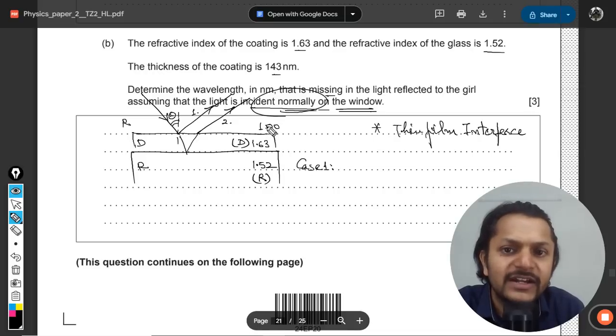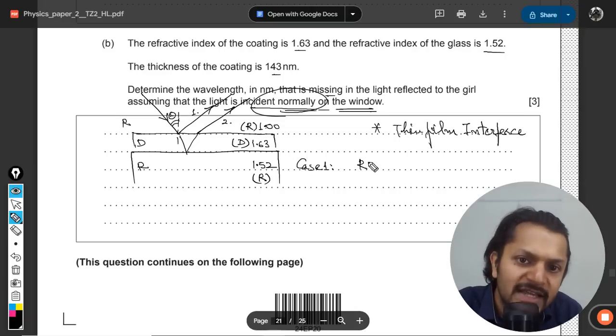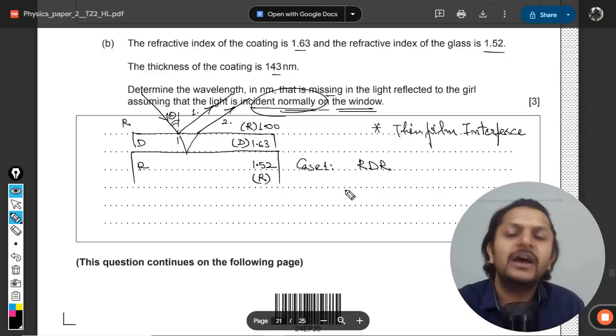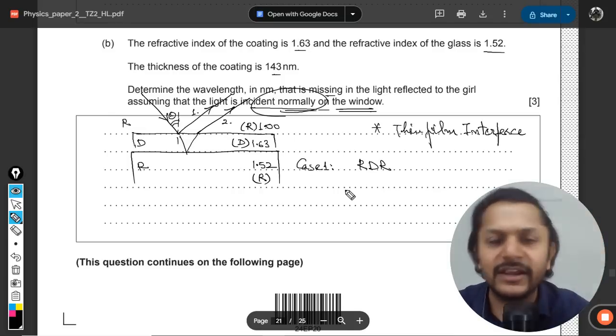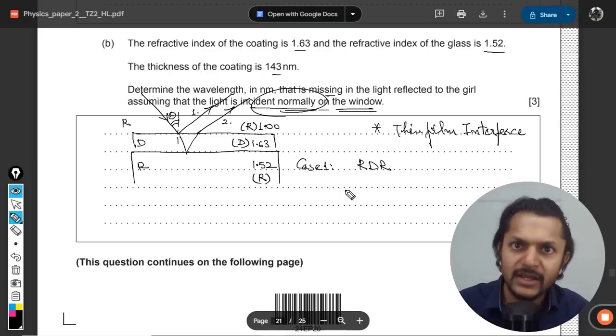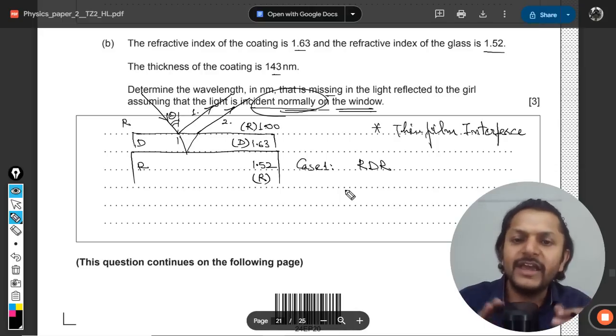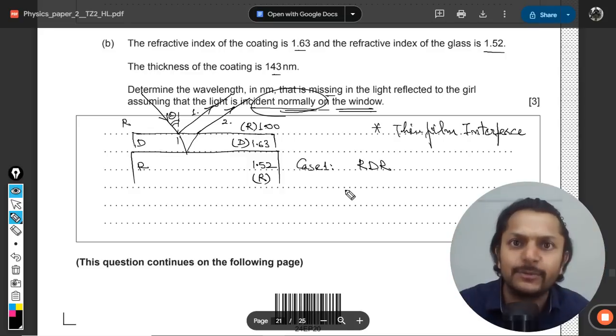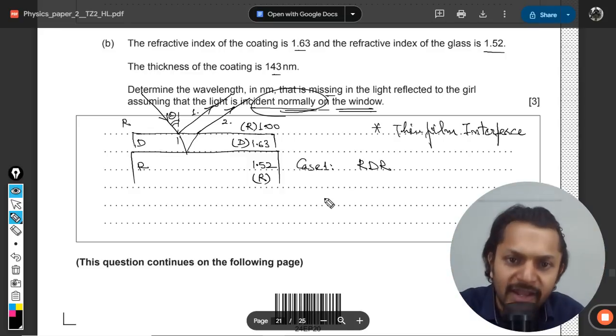For air, the refractive index is 1.0. This is again rare. So I am naming this as RDR. RDR means rare, denser, rare. Everything is from the point of view of the coating. Okay, so rare, dense, rare. If this kind of phenomenon is taking place, then these formulas are valid.